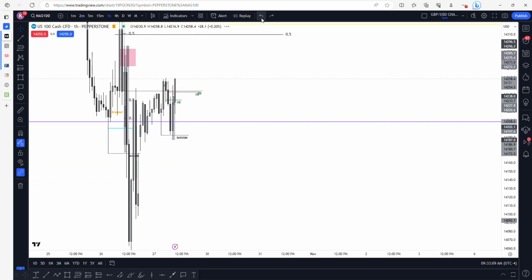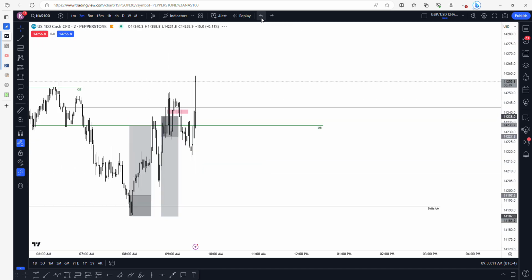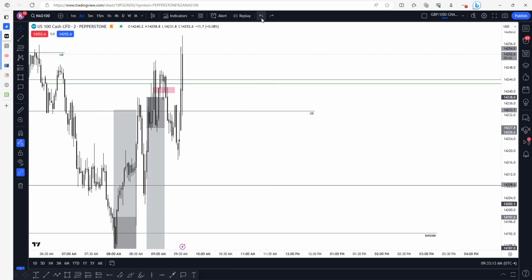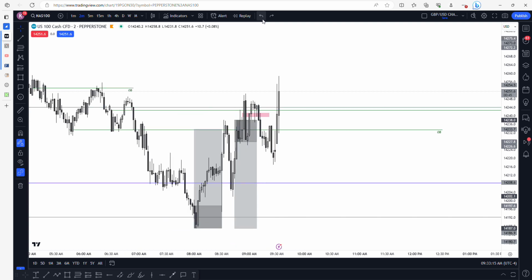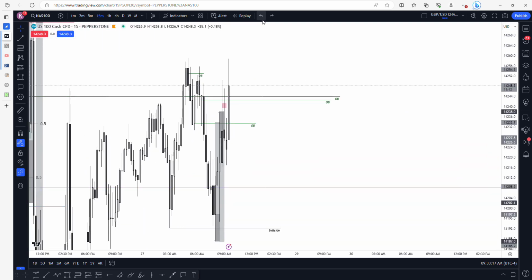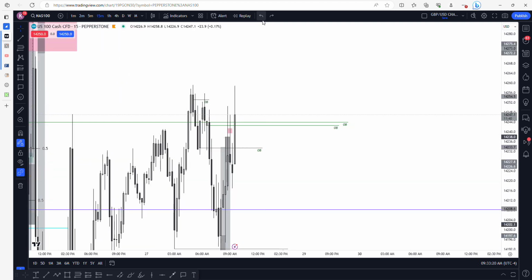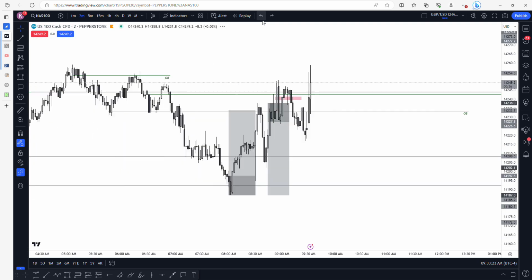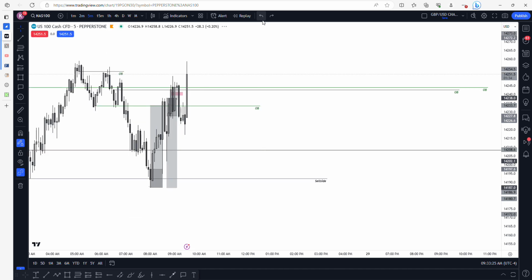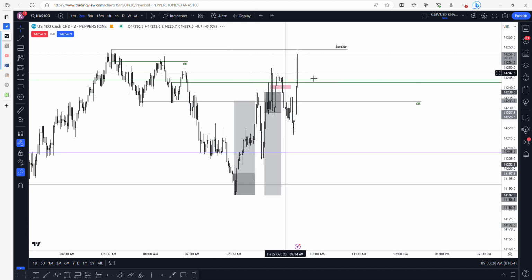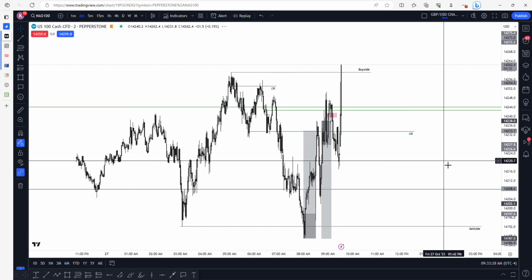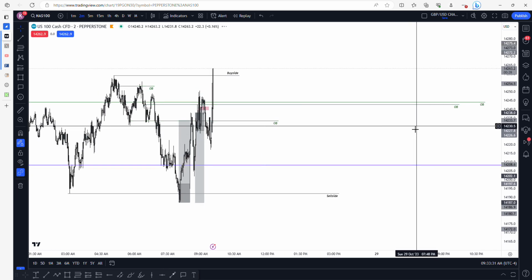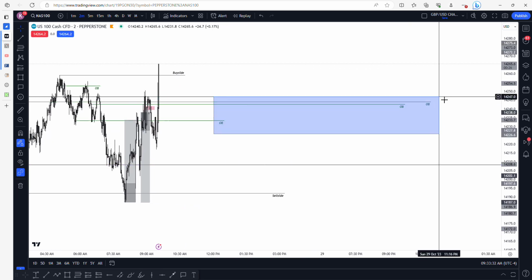Look at that accelerate to the buy side. Watch this. My buy side line is gonna pop up. Damn, what the heck? There it is. Okay, take it out.